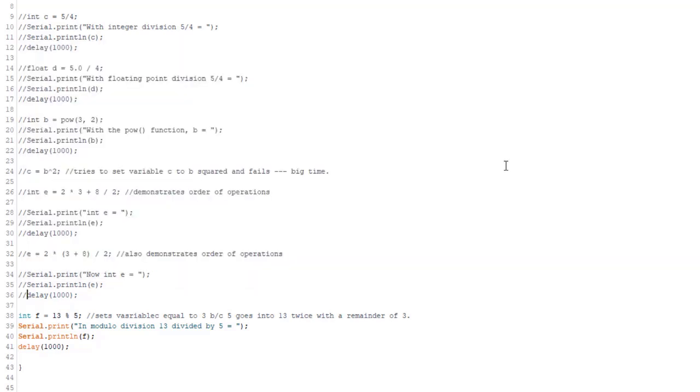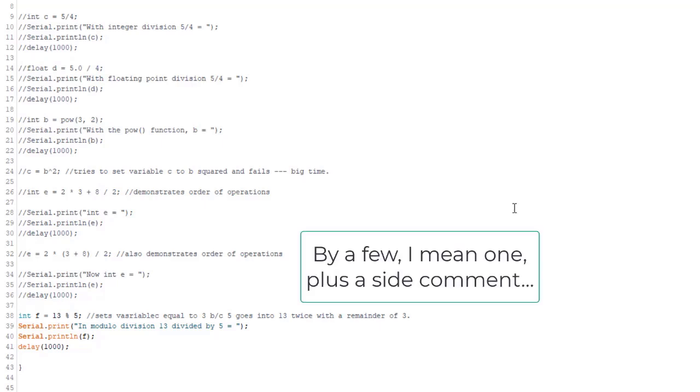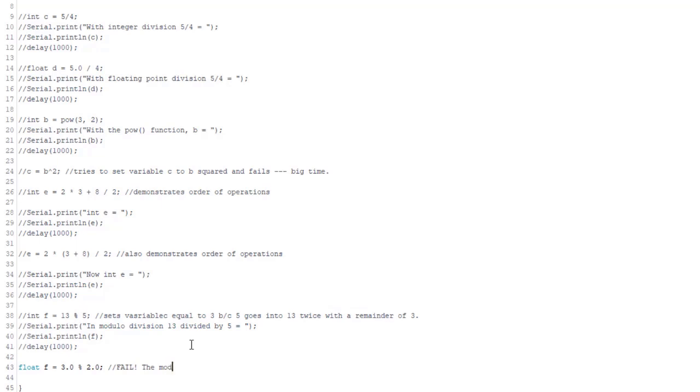Now, don't try to use this operator with floating point numbers. It won't work. To prove it, let's do a few quick examples. By the way, you could also use it with whole number data types like integers, bytes, and longs.